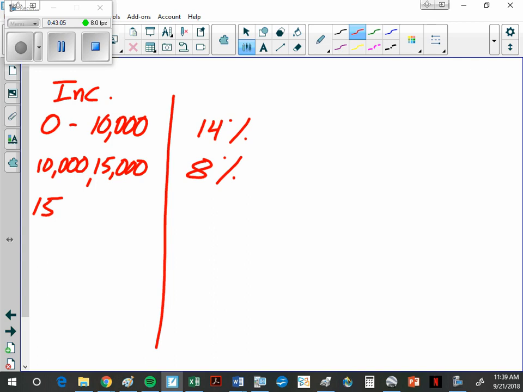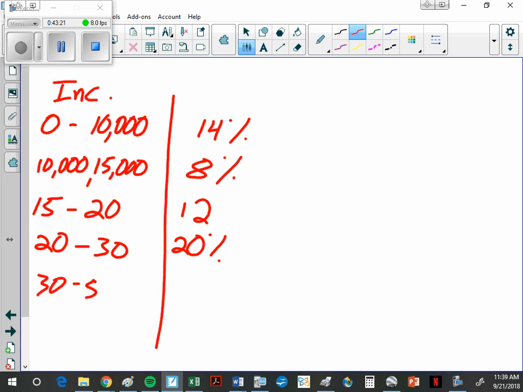And 15 to 20, there are 12%. And then 20 to 30, there are 20%. And then 30 to 50, we have 20%.